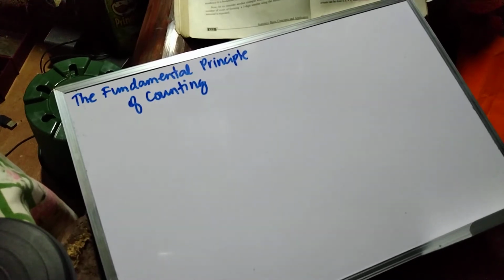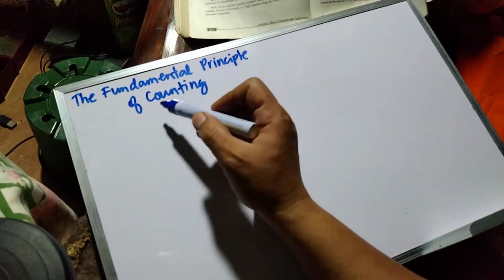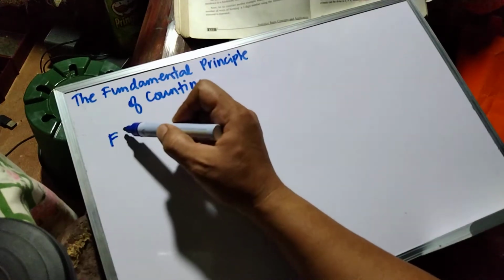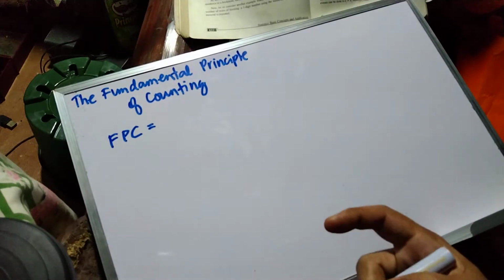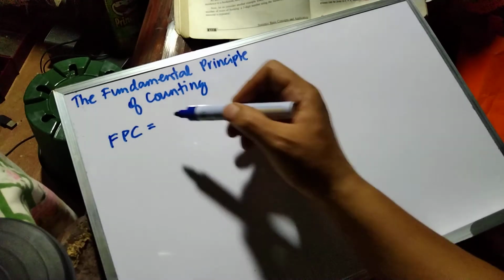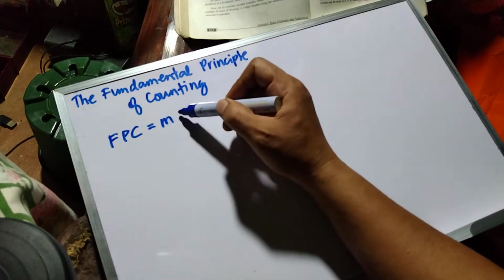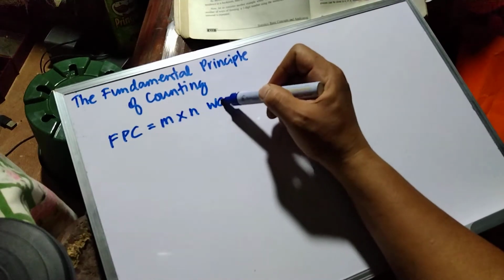Okay, so the fundamental principle of counting states that, as we have discussed in our notes, it can be obtained by m by n ways.